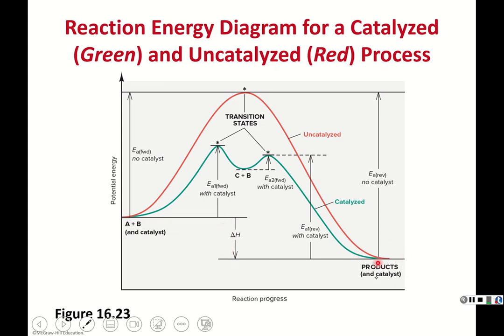If you were to go backwards now, the backwards reaction, you'll see that it also speeds that up because the activation energy of the backwards reaction is normally this, uncatalyzed. But if we catalyze it now, it drops the activation energy. So again, it will speed up the backwards reaction, just like it speeds up the forward reaction.